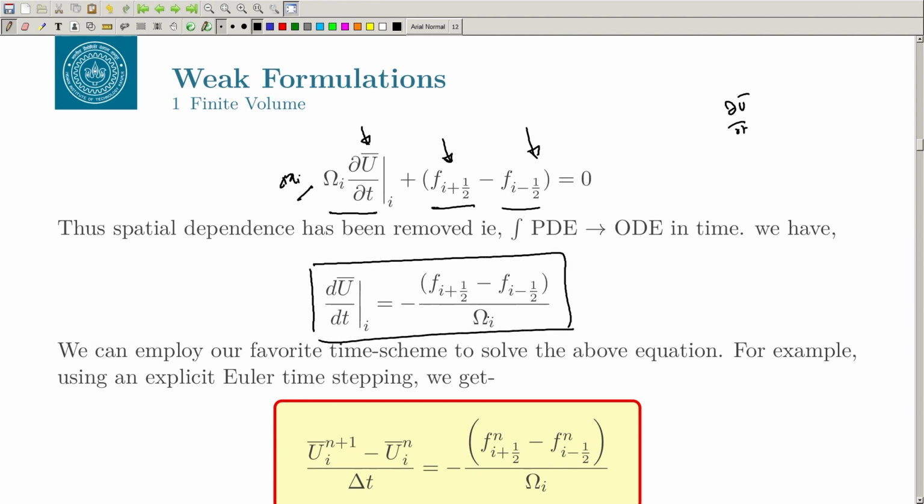You know the cell volume; this is a geometrical parameter, you define a cell, you define a cell volume. You have the fluxes at I plus half and I minus half, just subtract them, and you can use any favorite scheme that you want. You can use Runge-Kutta, Euler forward, Euler backward, whatever scheme you want, Adams-Bashforth, and you can just solve it. So, this is called the state update formula.